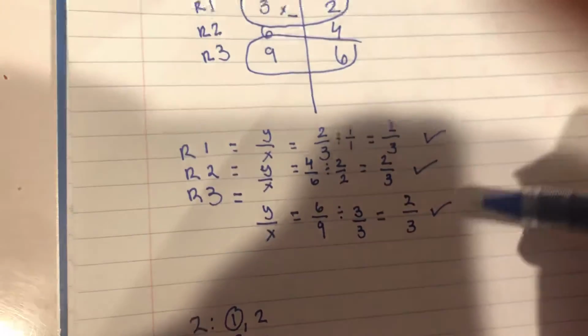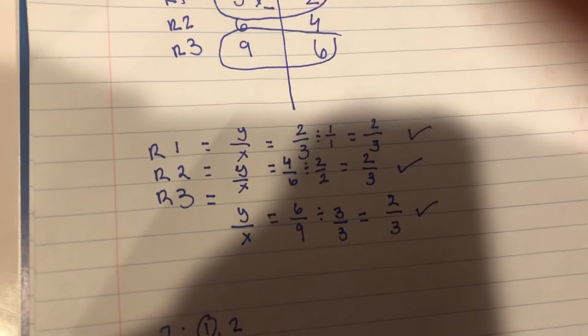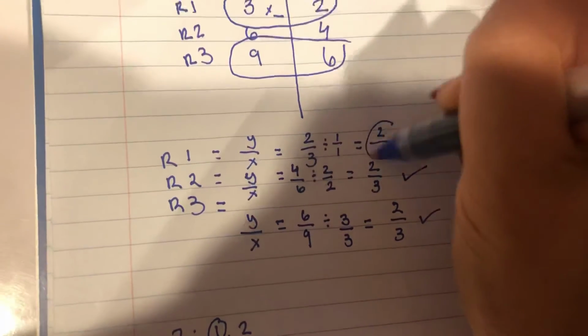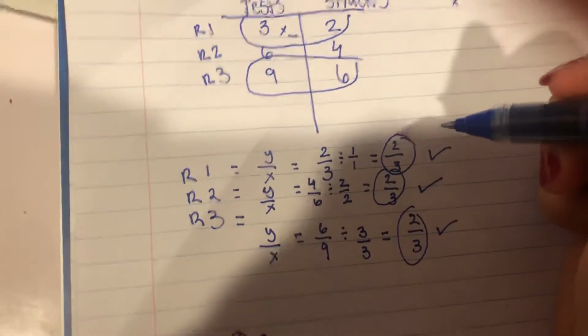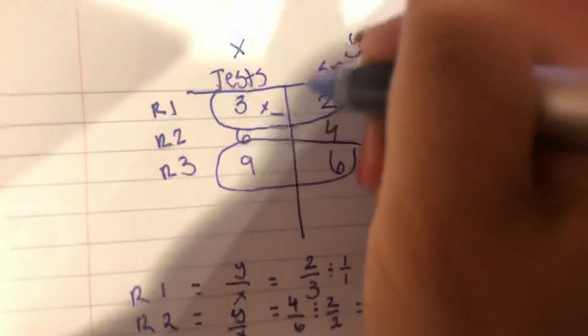Which means my constant of proportionality, like the CFS says on the bottom, if all are equivalent, I can determine the constant. The constant of proportionality is 2/3 because all ratios equal 2/3, which makes sense because here's the deal. 2/3 is less than 1.